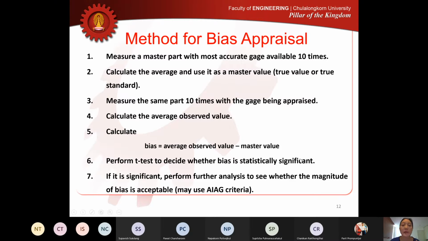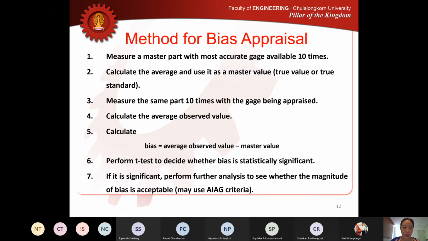If it's statistically significant, we will believe that bias occurs in our measurement system. And if bias is not significant, even though it has some value but it's not significant in terms of statistics, we will believe that our measurement system has no bias, which is great.